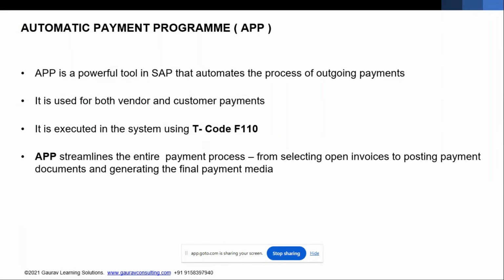So why are organizations using APP? APP is being used because it streamlines the entire process, from selecting open invoices to posting payment documents and generating the final payment medium. Streamlining means that you're making the process simpler and faster. By executing APP, you'll be making the process of invoice generation and payment simpler, faster and more efficient, and it means that we are removing unnecessary steps.